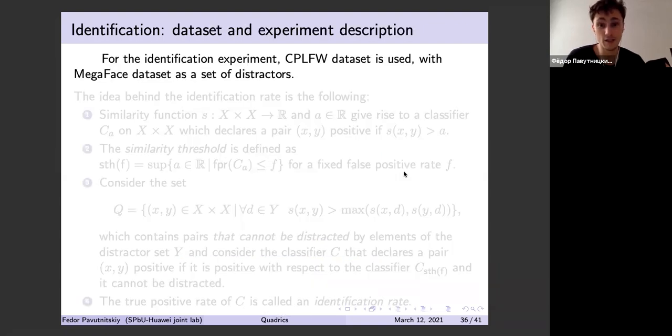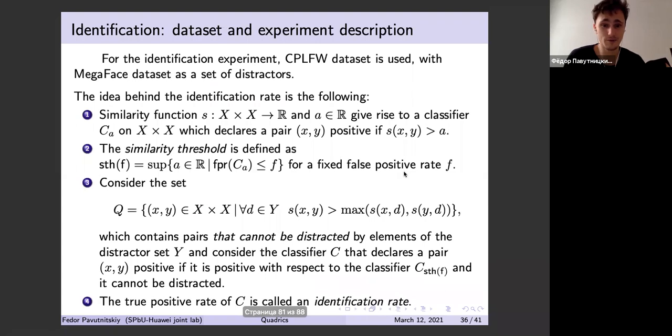Yeah, about identification. Here I sketched an algorithm for what an identification rate is, but I believe I should leave about 5 minutes for questions. So I will just explain it very briefly without details.